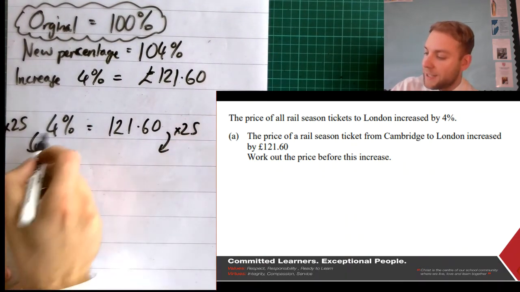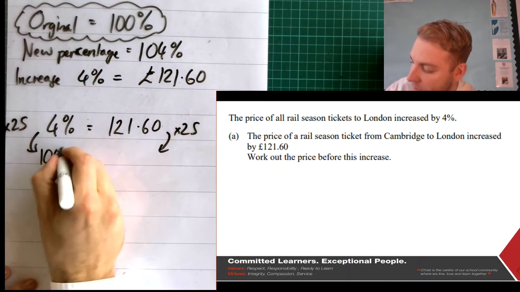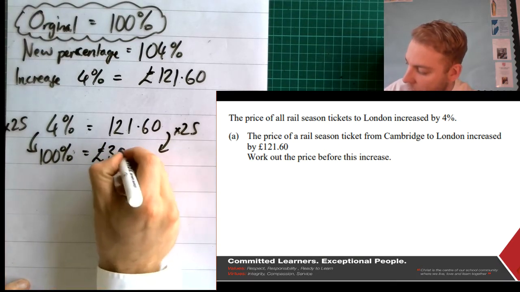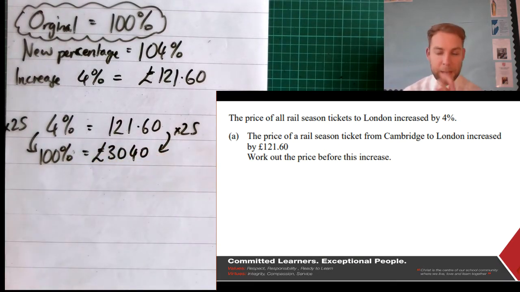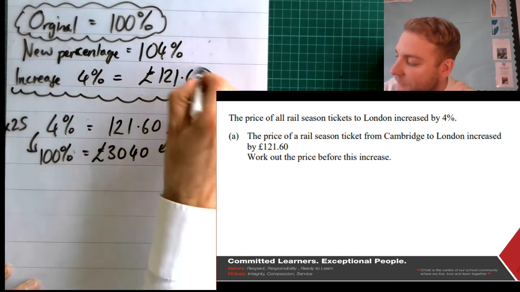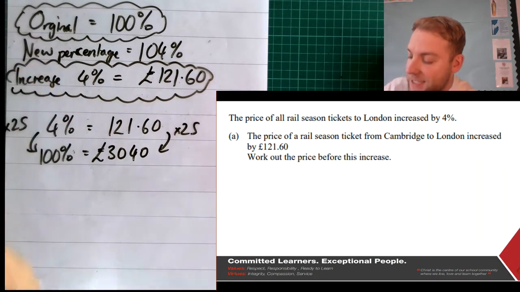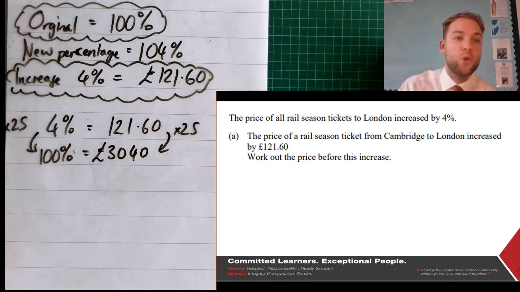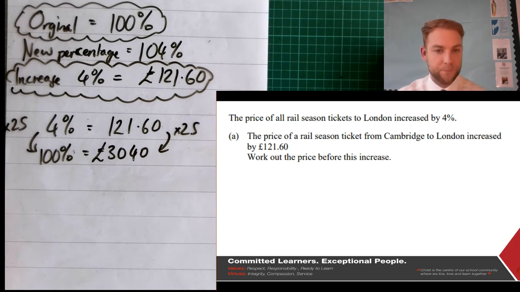Okay, so if I times this by 25, I get 100%. £121.60 times by 25, I get 3,040. Okay, so the reason this one is trickier is because they've given us the increase. They said it's increased by 4%, and that increase is £121.60.